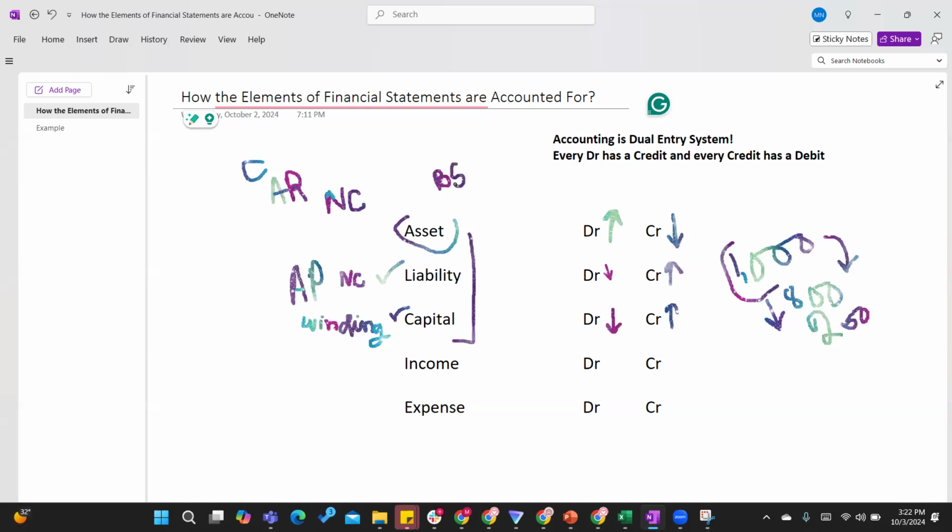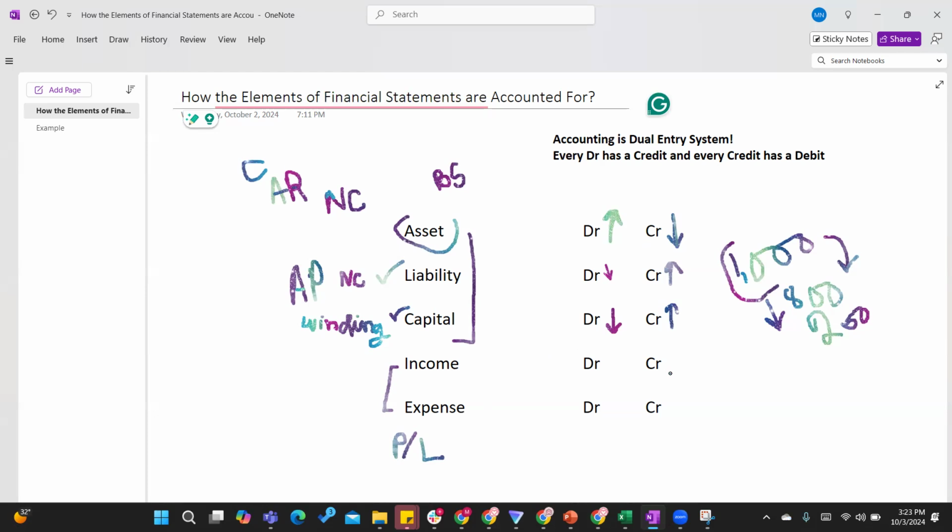This is the debit credit treatment for these three, and these two, income and expenses, are a part of the profit and loss statement. I've talked about it already. And the treatment for this is whenever we sell the product that the business is making, we receive the money from it, right?